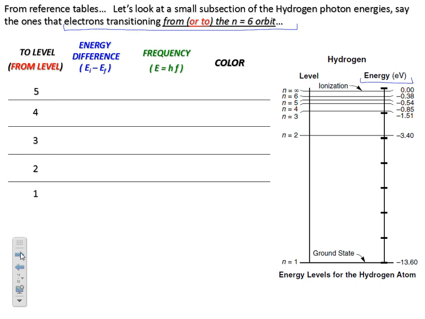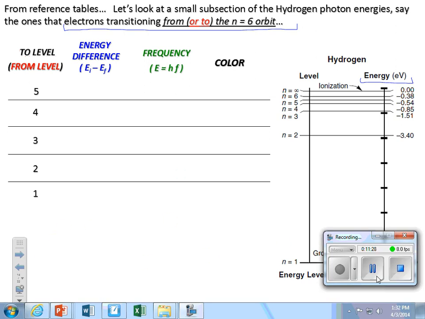It could go to 5. So this electron could transition from 6 to 5, from 6 to 4, from 6 to 2, or it could go from 3 to 6, or from 4 to 6, or from 1 to 6.